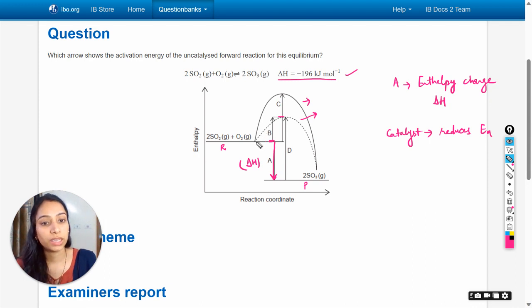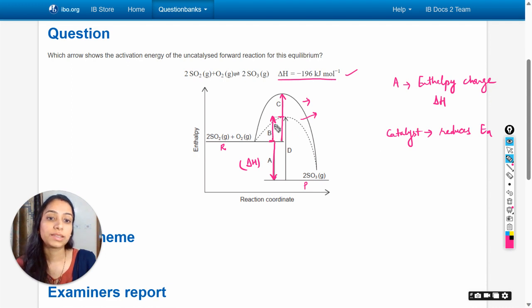So here this dotted line shows the energy decreases, when this much amount of energy is required for this reaction when there is no catalyst. On the same position, this dotted line shows the energy gap reduced to this much amount, this B arrow.